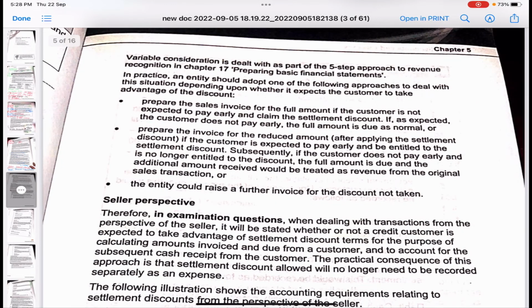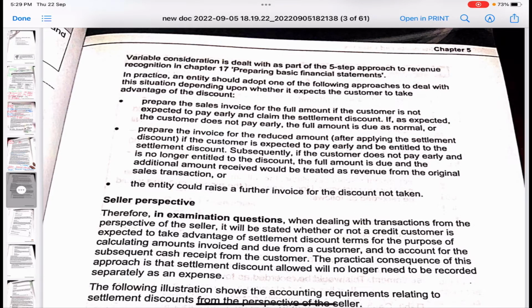Variable consideration is dealt with as part of the 5-step approach to revenue recognition in Chapter 17, Preparing Basic Financial Statements. In practice, an entity should adopt one of the following approaches to deal with this situation, depending upon whether it expects the customers to take advantage of the discounts.